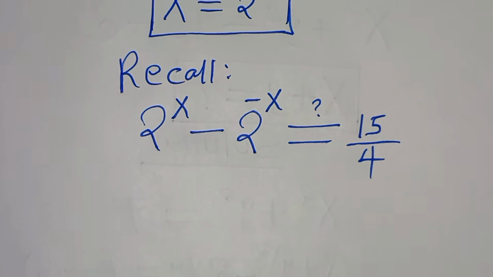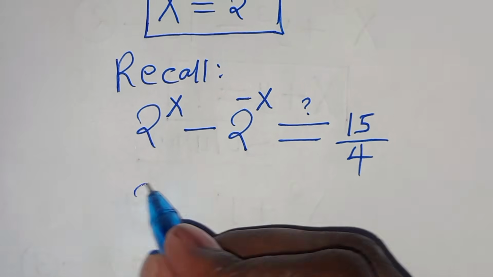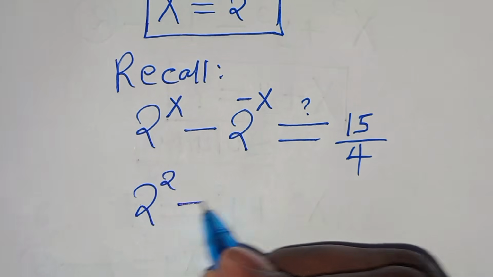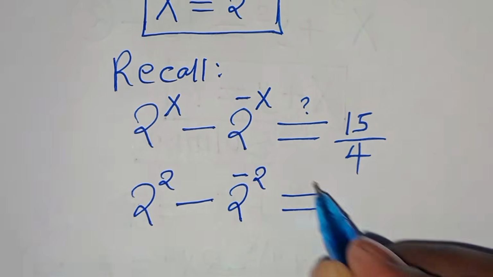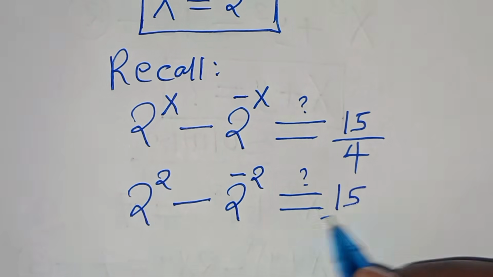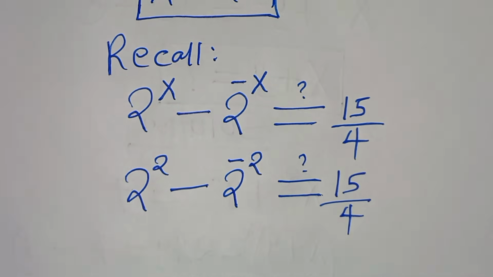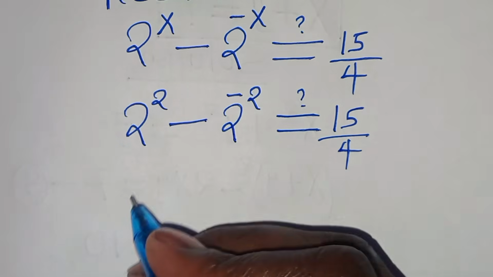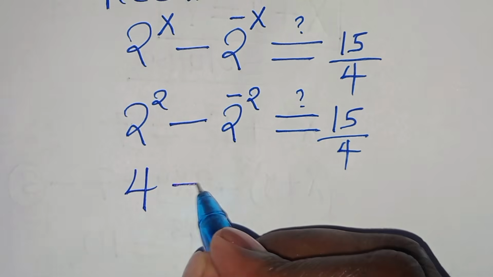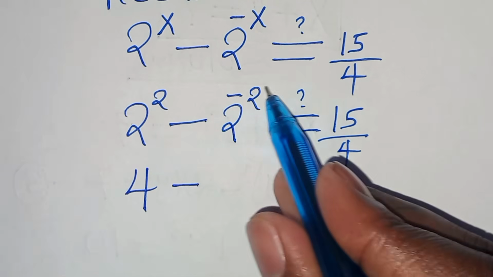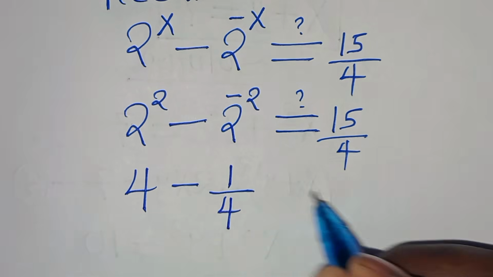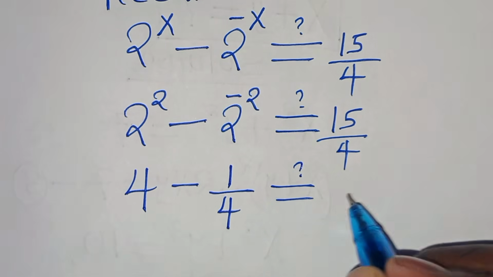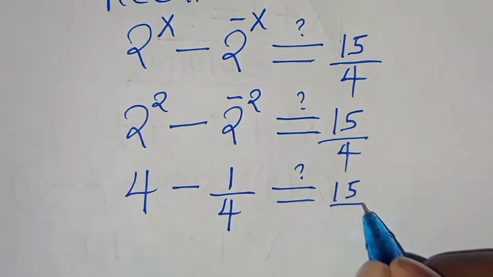Now let's substitute the value of x. This is 2 to the power of 2 minus 2 to the power of minus 2. So 2 squared is 4, minus 2 to the power of minus 2, which can be expressed as 1 over 4.